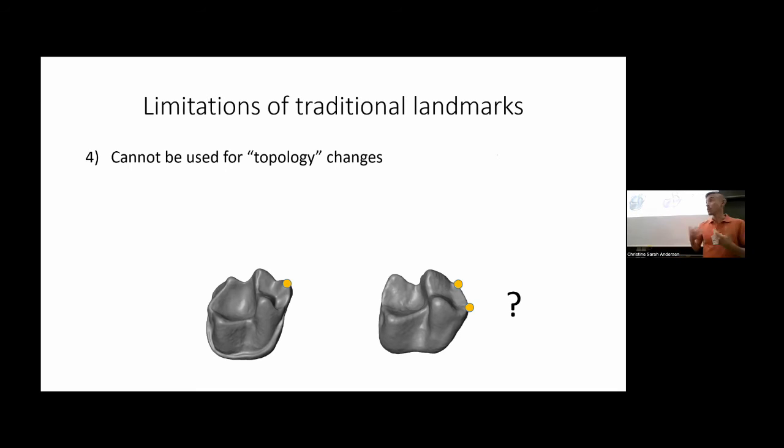And of course, we can't use traditional landmarks, at least not fixed landmarks, for observing topology changes. So we can't observe the loss of a paraconid based on landmark positions that require identifying the paraconid cusp. This is the paraconid cusp, that lower molar tooth.